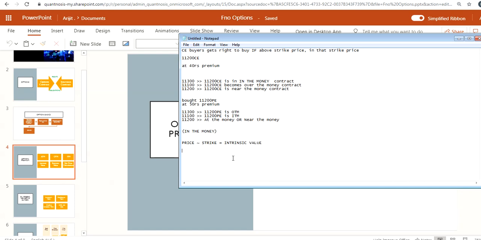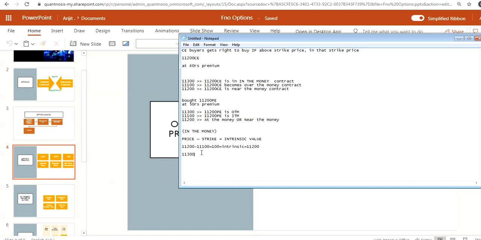So for 11,200 PE, if price is at 11,100, the difference between 11,200 and 11,100 is 100 rupees, so the intrinsic value of 11,200 PE becomes 100 rupees.